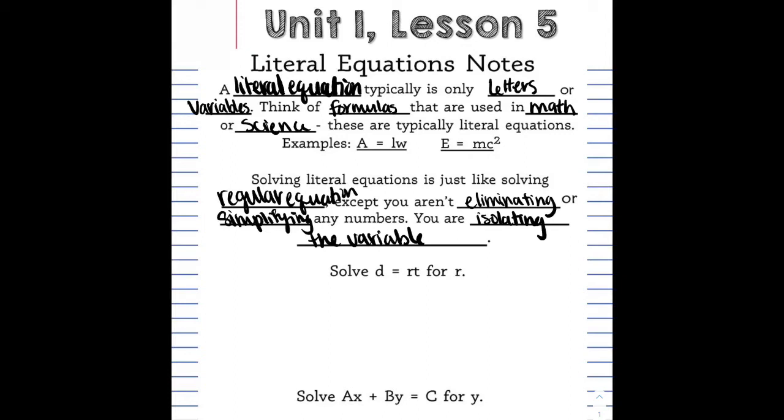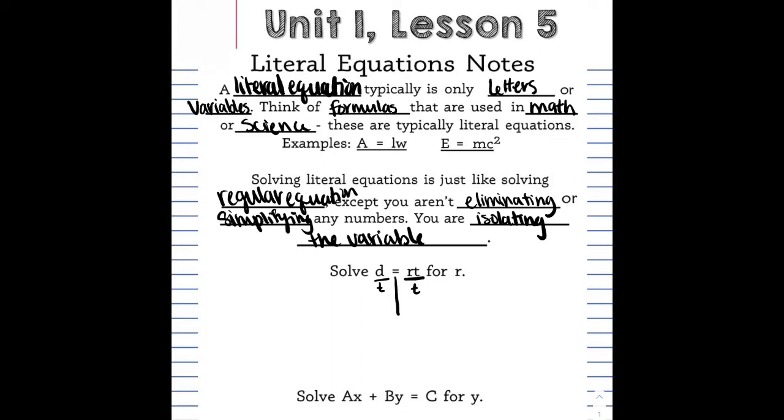This first example here, we want to solve for the letter R. So this is the distance formula. Distance equals rate times time, and we want to solve for rate. In order to get R by itself, right now we have two things right next to each other. That's multiplication. To undo multiplication, we divide.